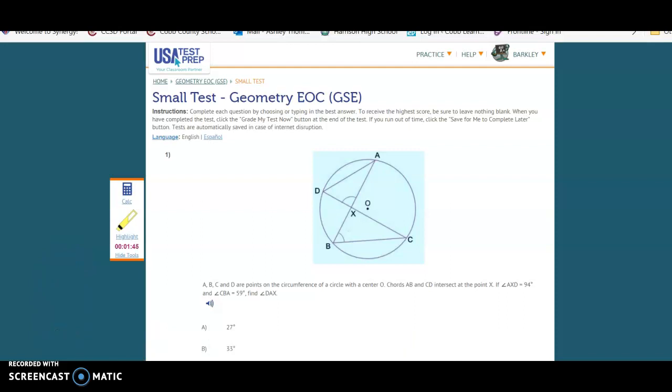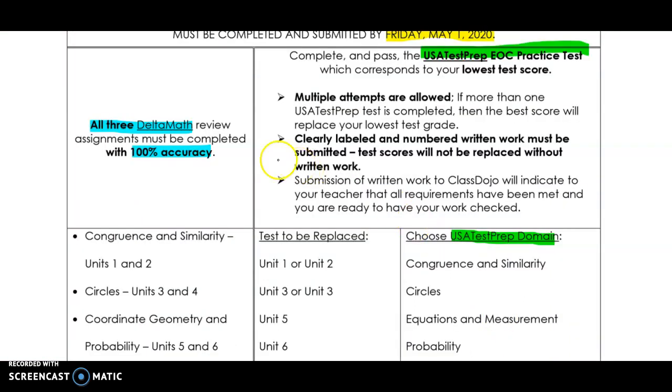So you need to make sure that you show your work, and it needs to be clearly labeled and numbered. Clearly labeled and numbered, and that needs to be submitted to ClassDojo. This written work submitted to ClassDojo will tell me that you are finished and that you are ready to have your work checked.